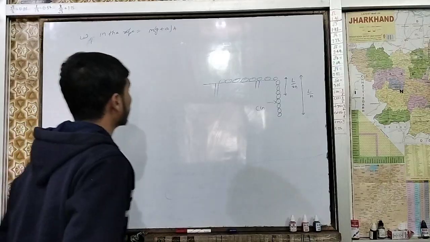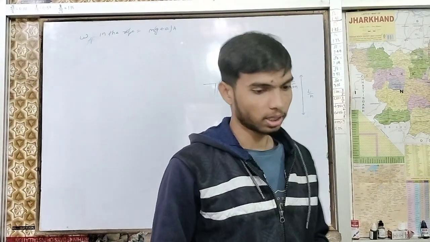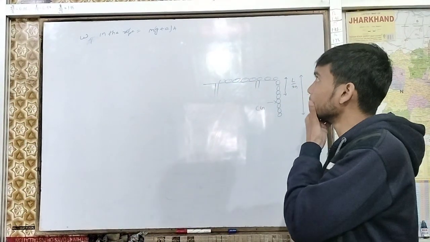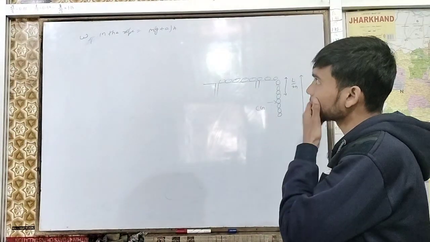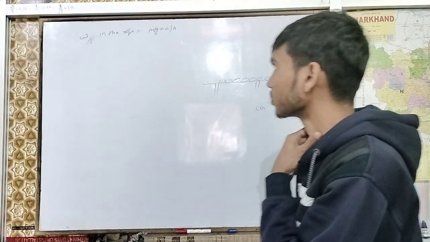Here h is the height. So mg plus ma into h. This is our equation.